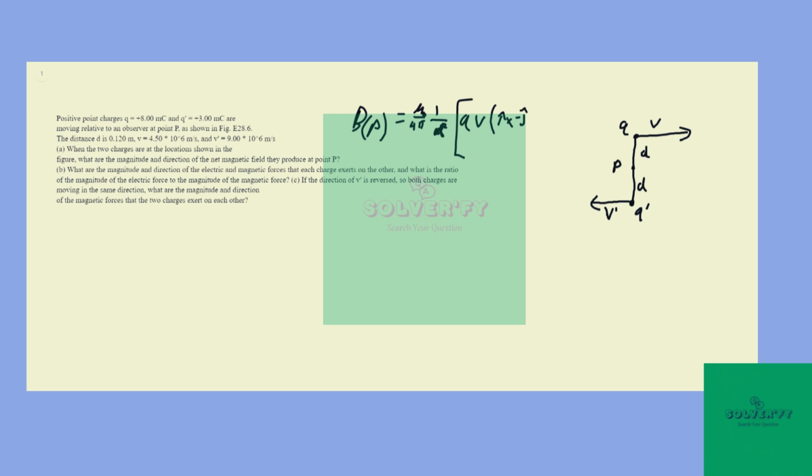That's the unit vector for the velocity crossed with the r hat vector extending from the point q to P. Okay, and then that's going to be added to q prime v prime, the charge and velocity, and it's going to be negative i hat, since it's going left, crossed with positive j hat. So negative i hat crossed with j hat.